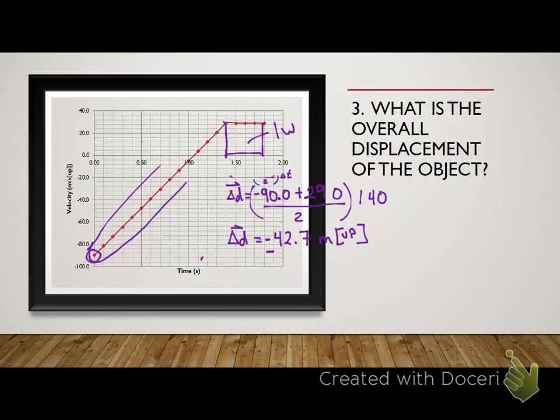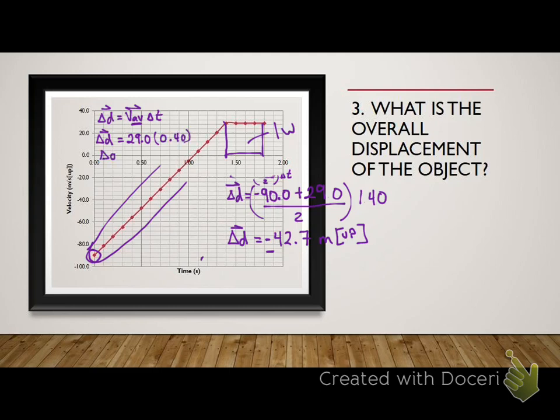So again, we know that displacement is going to equal VAV times time. Now, we don't need to expand on that because it's a constant velocity in that section. So we know that that constant velocity is 29.0, and we're going to multiply that by the time frame that they went. So that was 0.40 seconds.